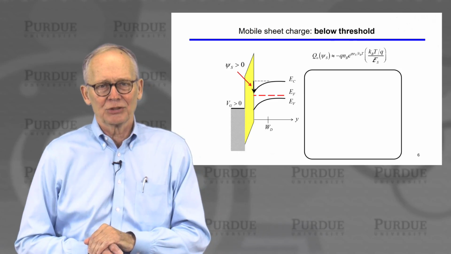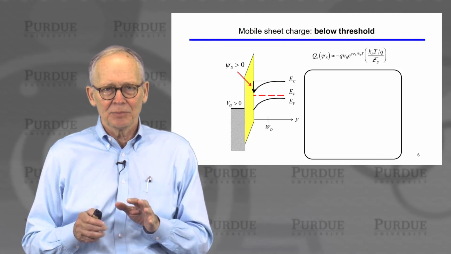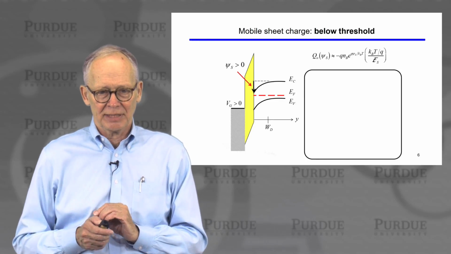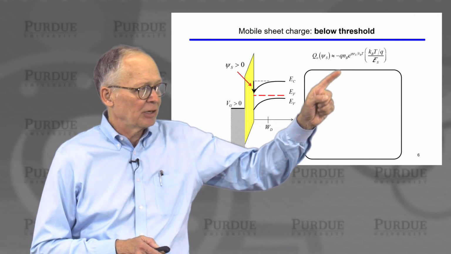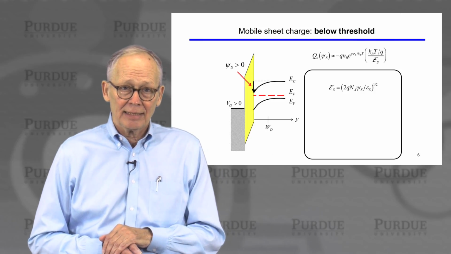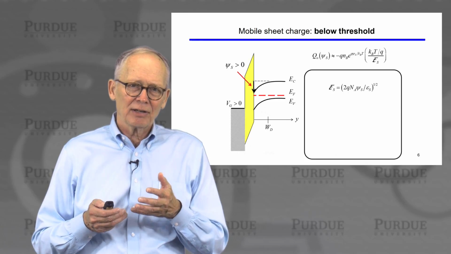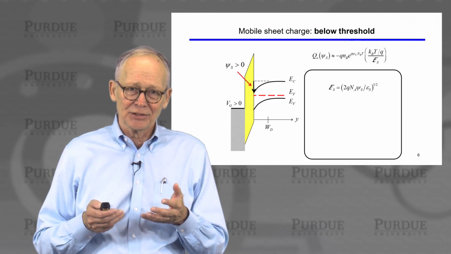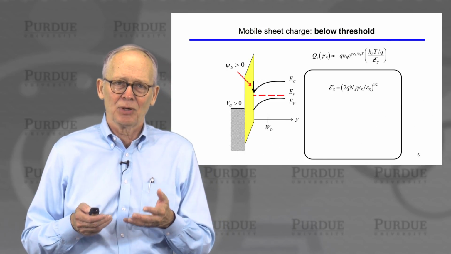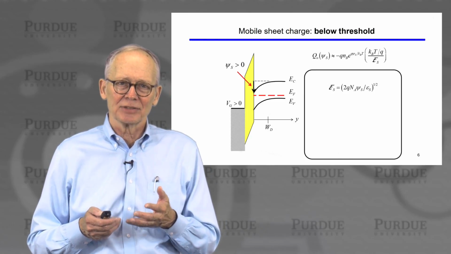Well, let's look below threshold. So this would be the charge that we would need to evaluate the subthreshold current, the leakage current in a MOSFET. We have our expression for the charge as a function of surface potential. Now, we're subthreshold, so there are a few electrons near the surface that are carrying a small leakage current, but they're really not affecting the MOS electrostatics.